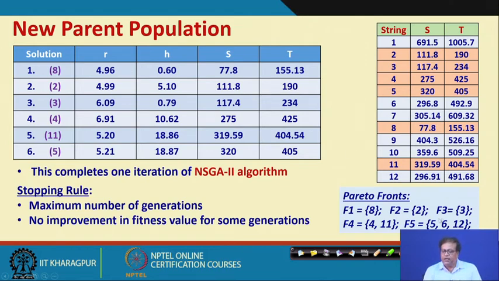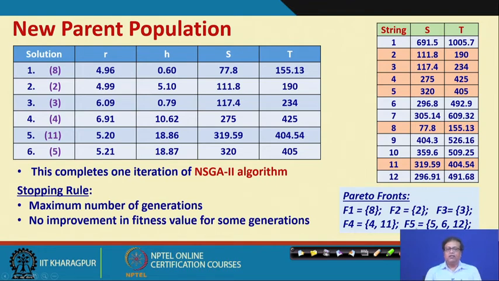So you recall those Pareto fronts 8, 2, 3, 4, 11, they are all highlighted, and F5 was 5, 6, 12. First of all, the rank: those having higher rank, meaning lower rank value, F1, F2, F3, F4, they are chosen, and from F5 only one. How is it chosen?